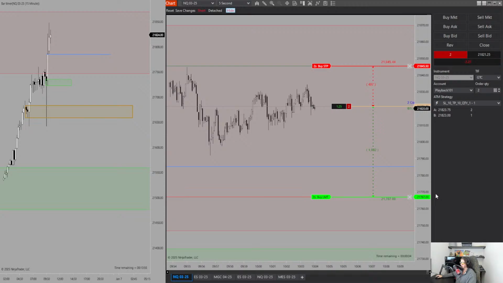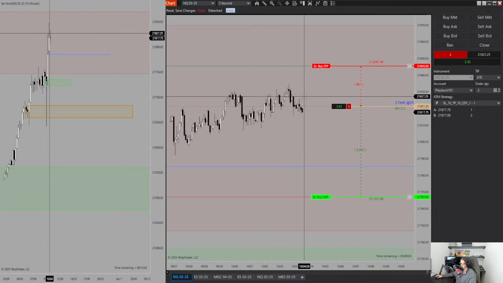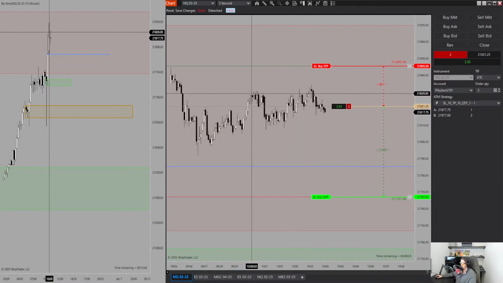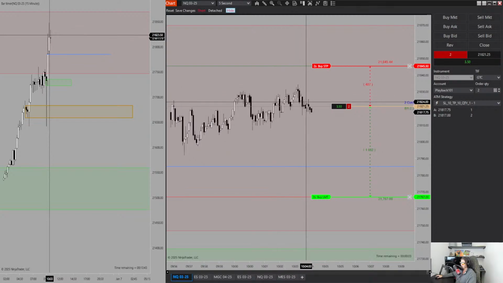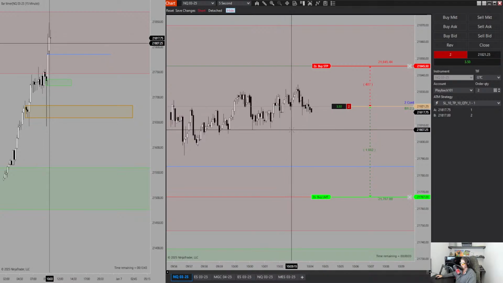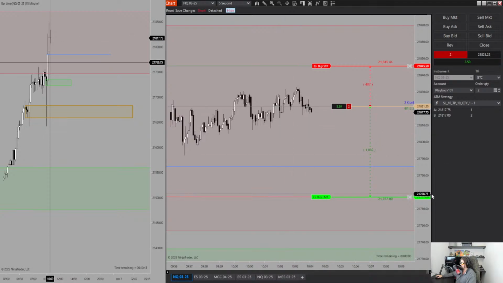Speed this up a bit. Alright, still holding supply. So it did come down, break this. This is the last low that made the high here. Create an order block. We did wick out of that. This has been renegated already. I would expect it to at least come down to this low.